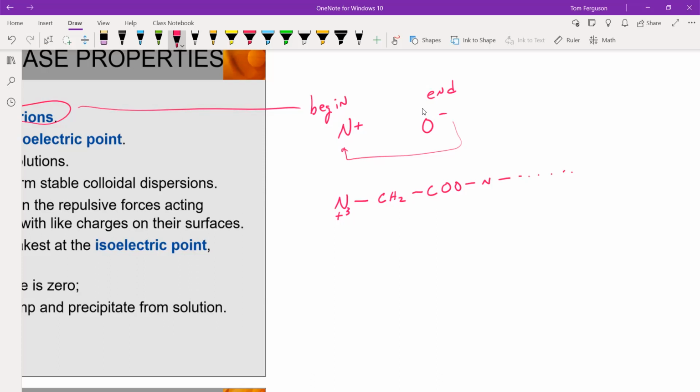And the very end, that's the alpha carbon. That makes up the zwitterion. One end has a positive charge, an ammonium. The other end is a carboxylic acid salt, negatively charged.